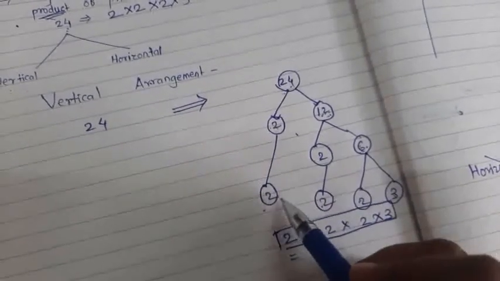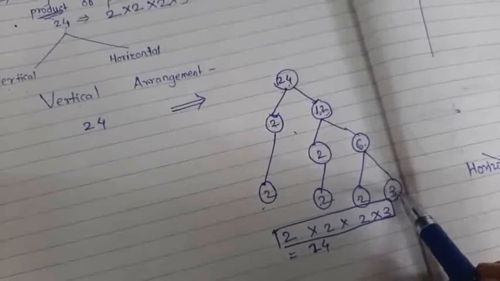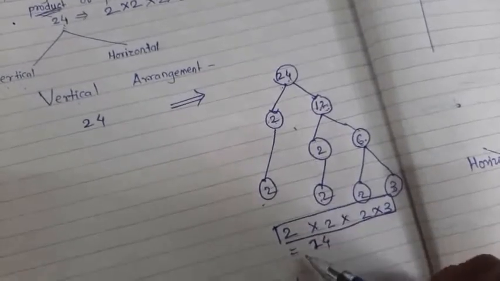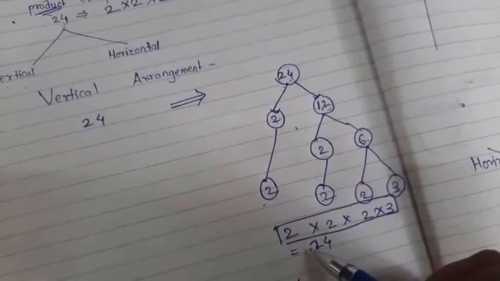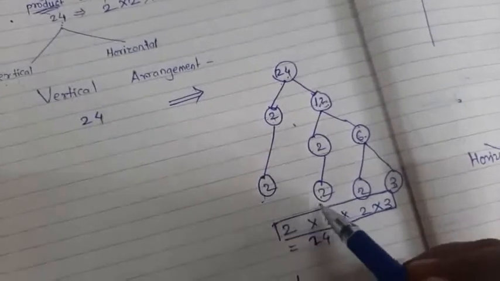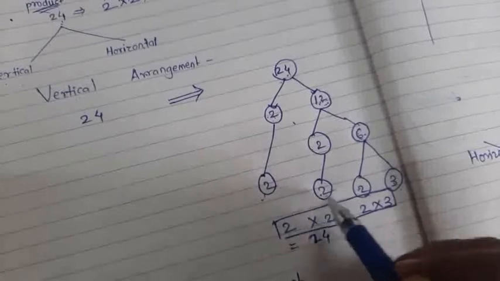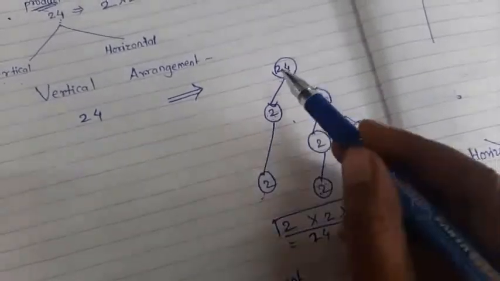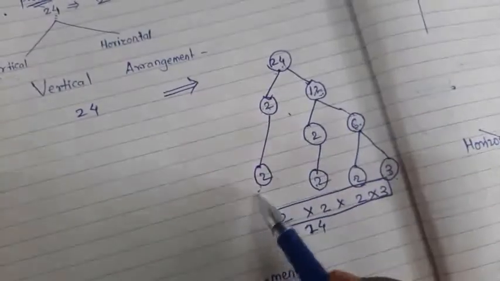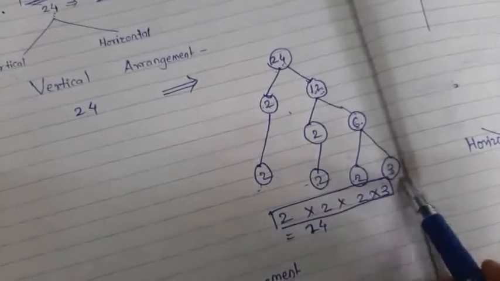So in this last step you can see all numbers are prime. After this we can't write them in the form of factors. 2, 2, 2 and 3 are all prime numbers. So 24 can be written as 2 into 2 into 2 into 3.